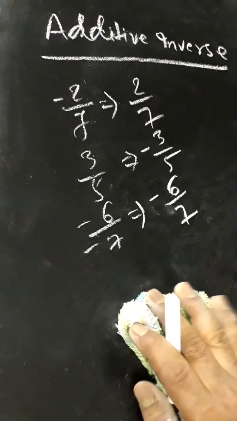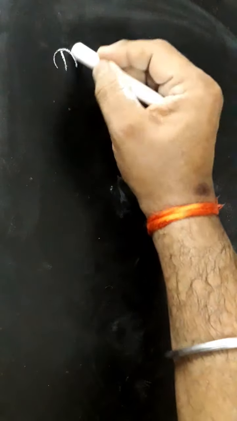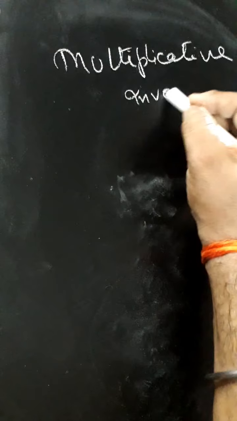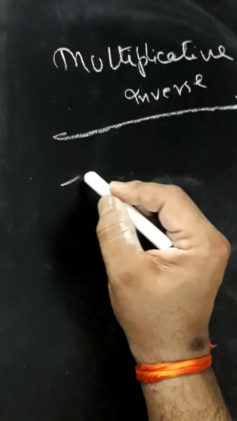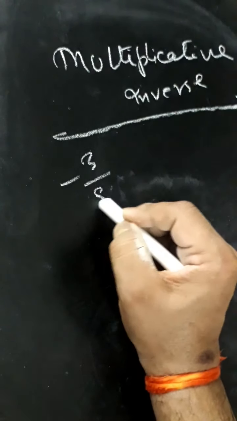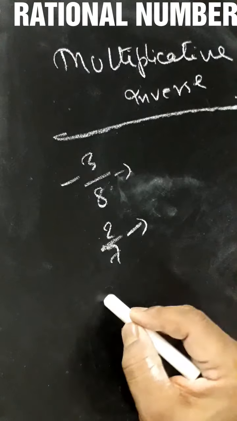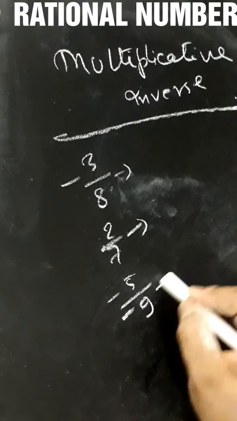Now we are going to see how we can find the multiplicative inverse. Suppose we have minus 3 upon 8, 2 upon 7, minus 5 by minus 9.